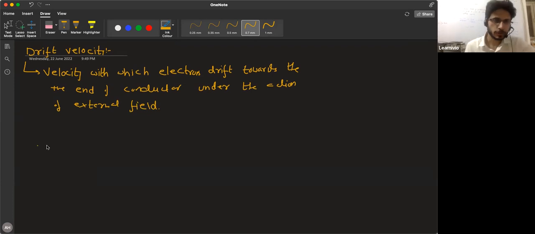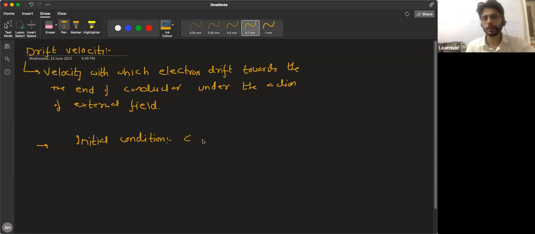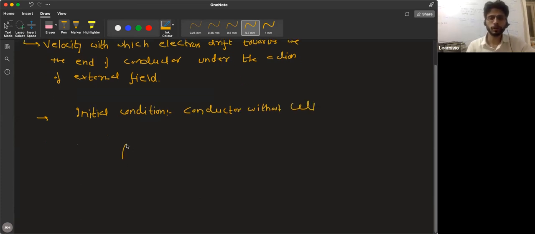See, what happens is, if you take a conductor, this is the initial condition. I take a conductor without a cell, with no cell connected to it.